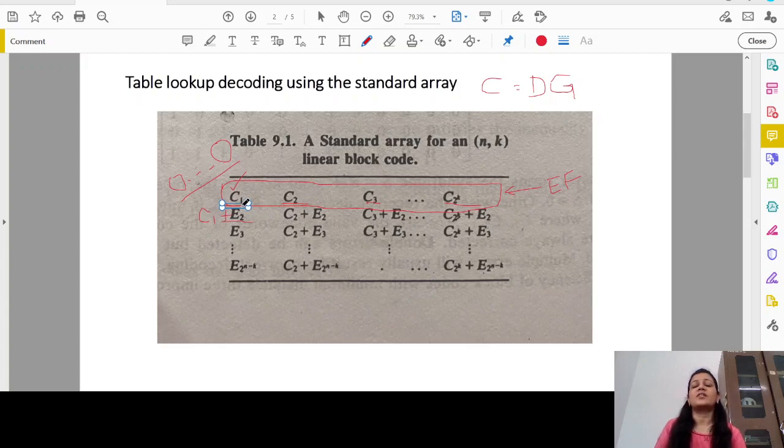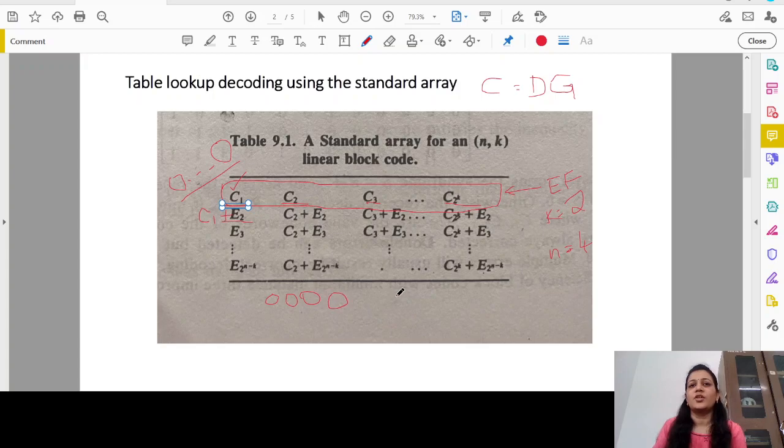Here we consider one particular error pattern that might occur, and make sure that the error pattern you have chosen is not the same as any of the code words present in the first row. For example, assume that k is equal to 2 and n is equal to 4.